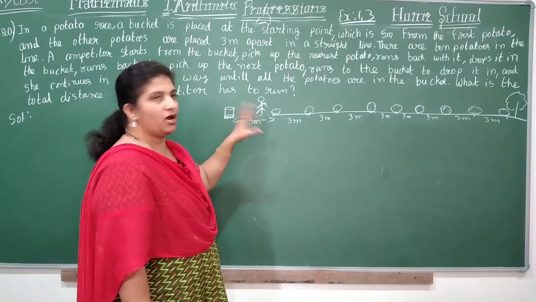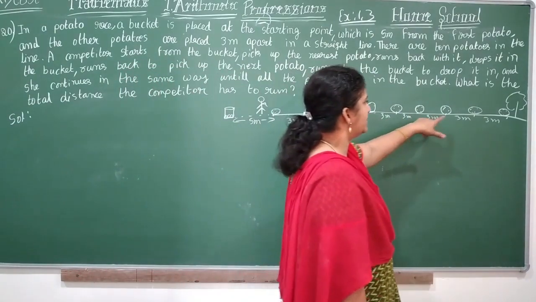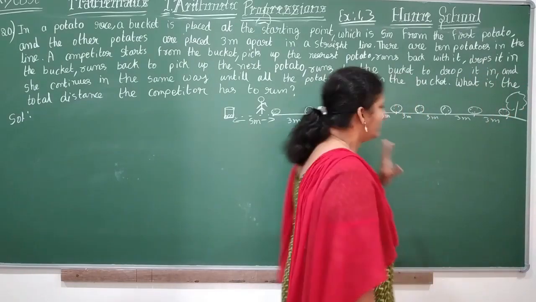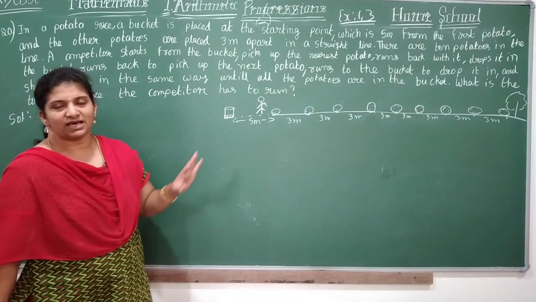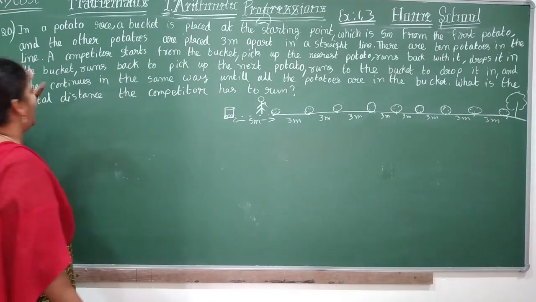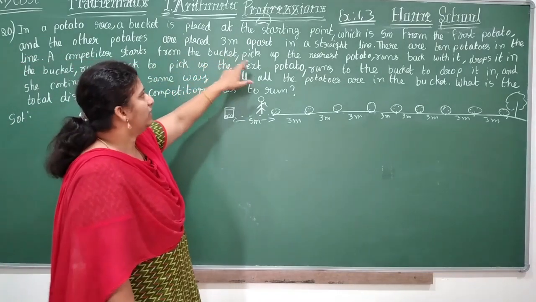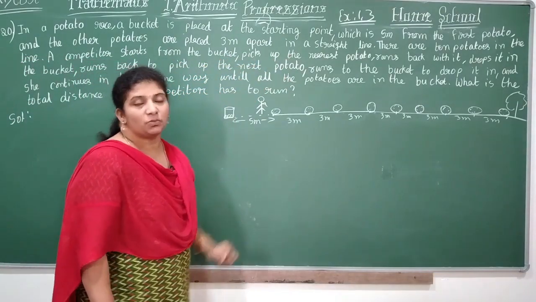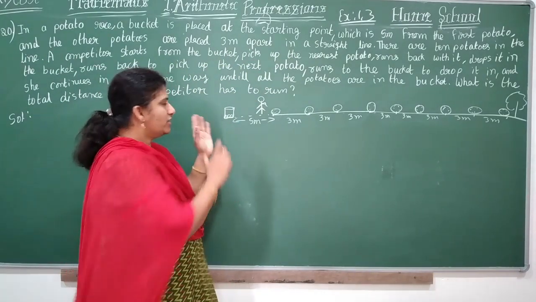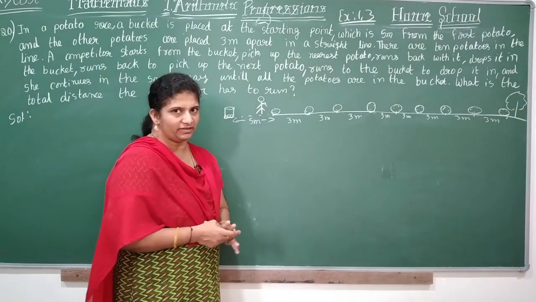Let's count how many potatoes there are: 1, 2, 3, 4, 5, 6, 7, 8, 9. The 10th potato is outside the board. So there are 10 potatoes in the line. A competitor starts from the bucket and picks up the nearest potato. Just imagine yourself: can you see the person here? They are the competitors.